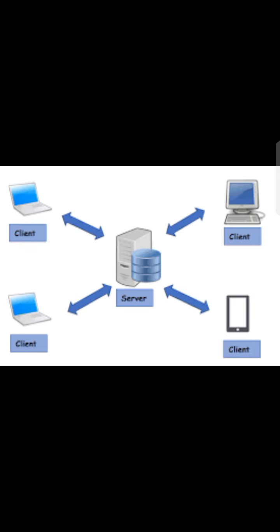Third type is the zero client. A zero client is one which has no software running, nothing running on that system. The best example for it is a virtual machine. When we talk about remote access, anything that you are running on the remote device is actually being run on that particular device, not on your system.